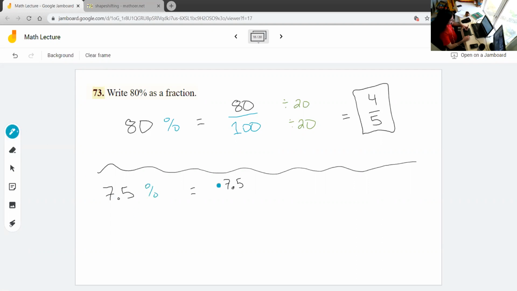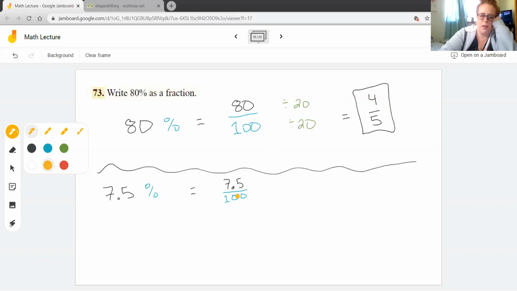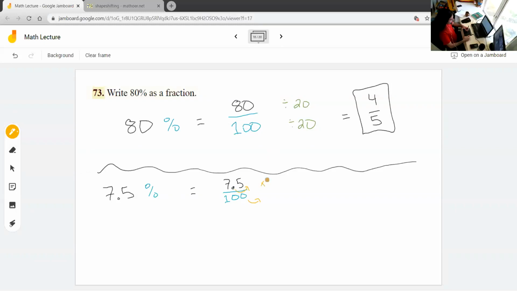So I'll replace the percent symbol with over 100. How did we reduce ones that had a decimal point messing us up? We multiplied. Yeah, we did a times 10, which was a decimal point scoot to the top. And if we did it to the top, to be fair, we had to do it to the bottom.